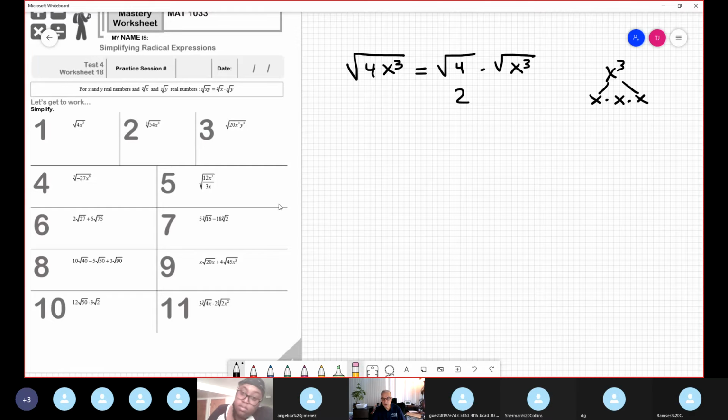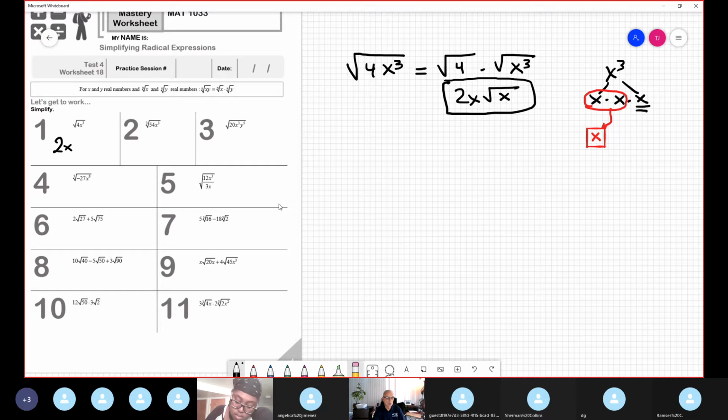So we can select one couple of x, and this couple of x goes outside like only one x. Now we have x outside and 1 x staying inside. And this is my answer: 2x radical x. Anyone follow me?